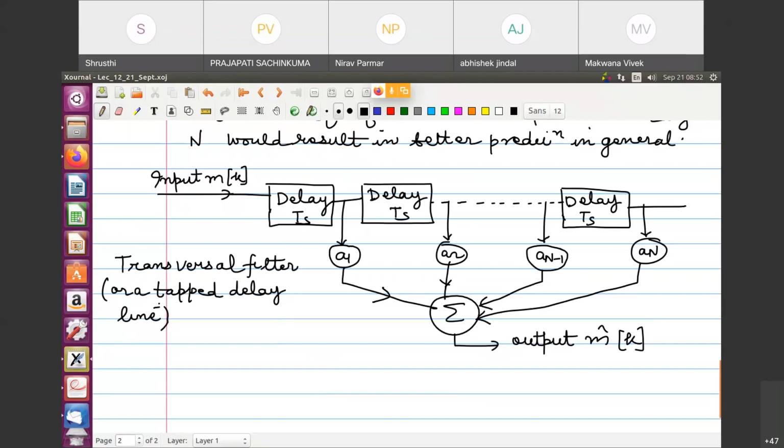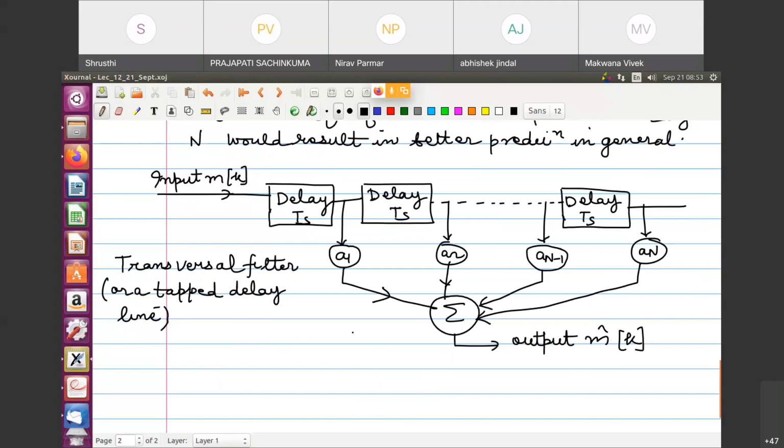This is a tapped delay line because each tap is Ts, the gap delay, and it is creating taps. This terminology is more used in DSP, so if you are going through a course there, or in signals and systems, where you study filter design, you will see such filters.